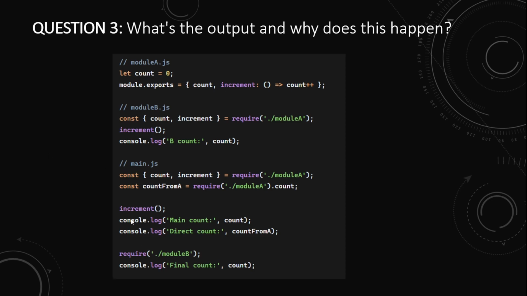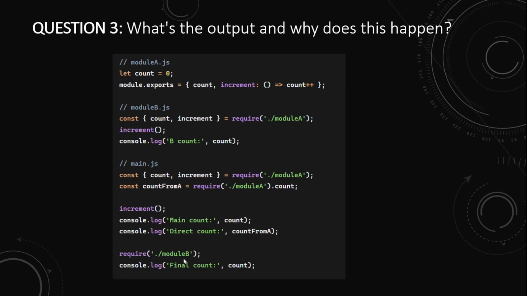Hence, this console.log will print the value 0, and countFromA is referencing the count variable of module a.js, and after the increment execution its value became 1. Hence, countFromA became 1 now. That's why this second console log will print the value 1.